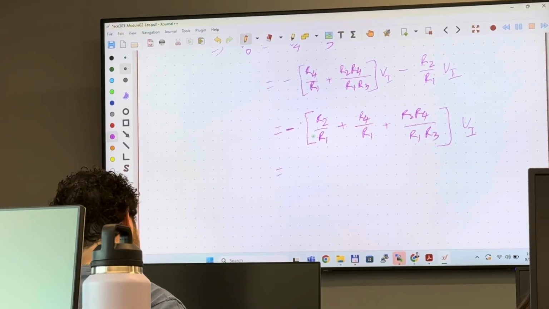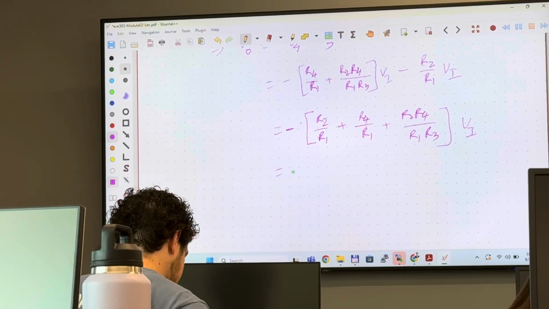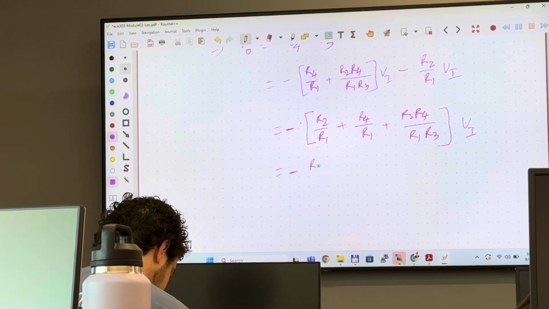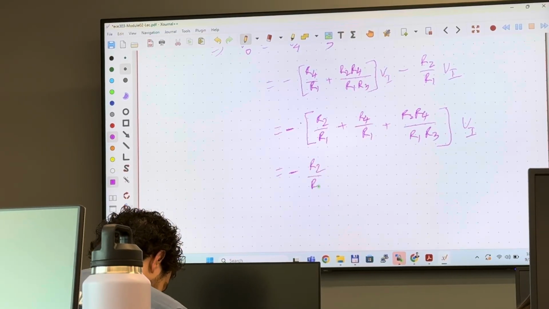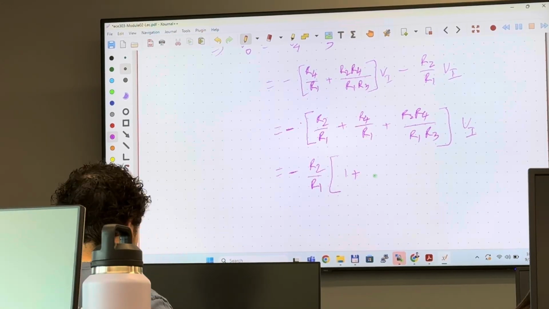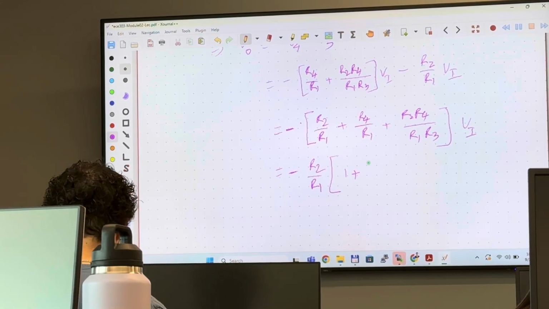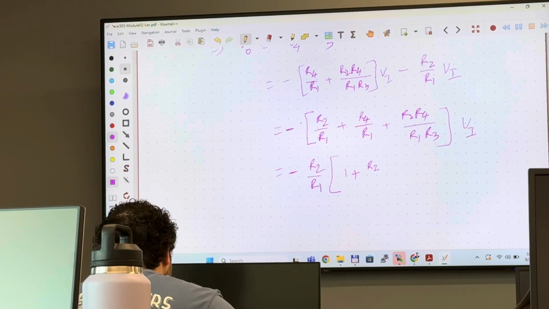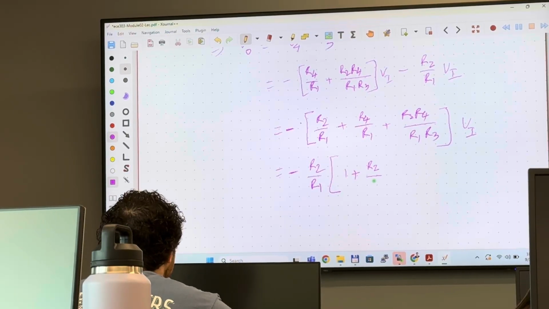Now what you can do, you can simplify, make it pretty. We can bring R2 over R1 out of the way, and then this guy is going to be 1 plus R2 over R1. I want R4 over R1, so you can keep R4 right here and R2 right here.